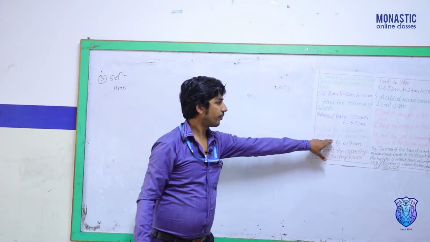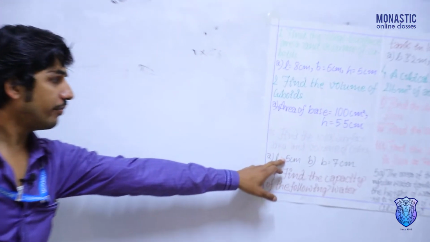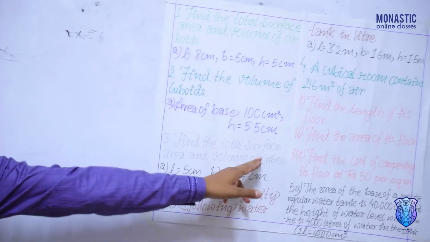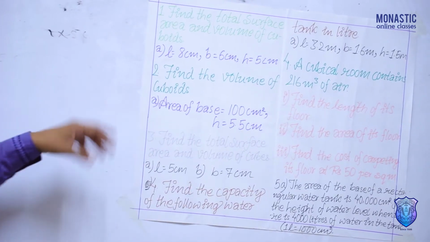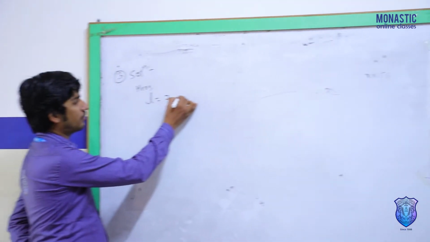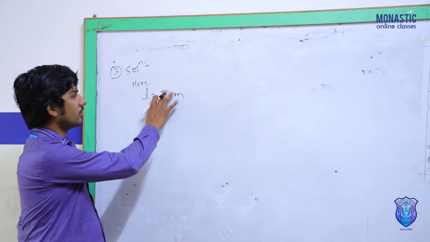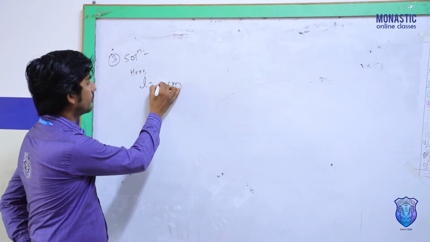See number three given there: find the total surface area and volume of cube. Means total surface area. For example, the given length is equal to 5 cm.